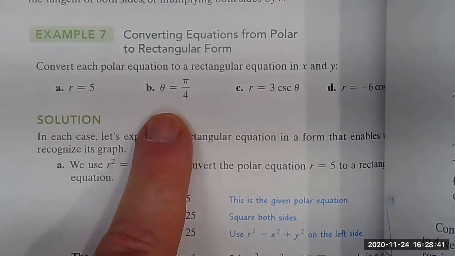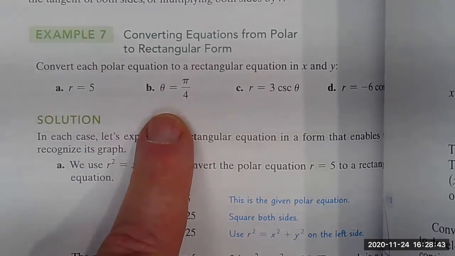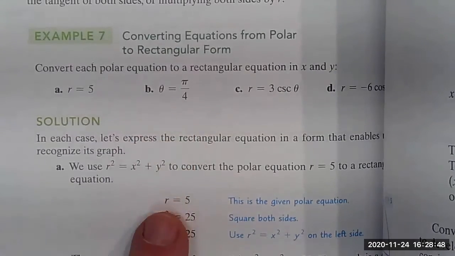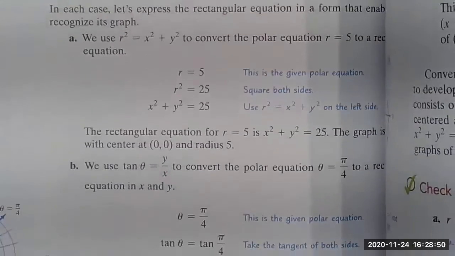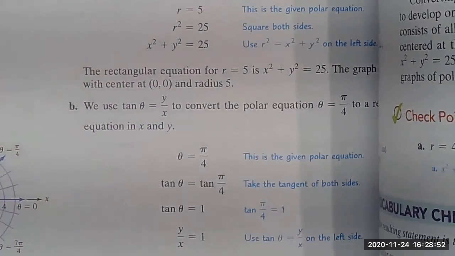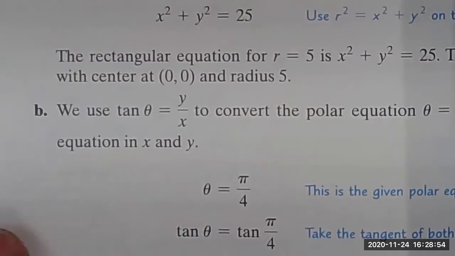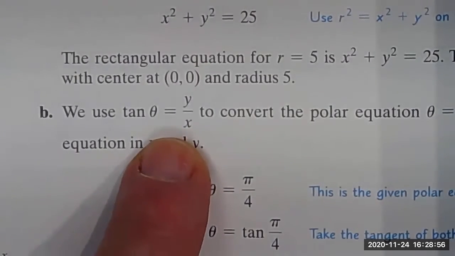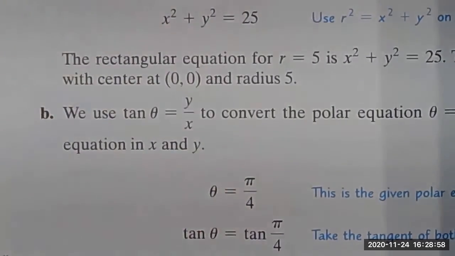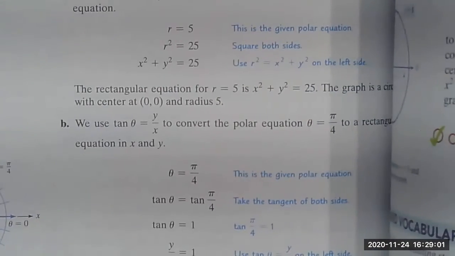Okay, letter B. I'm on page 740, referencing the textbook, page 740. B, we'll look at B. Okay, that's what they're going to use, tan theta to convert. Okay, let's see what they do here.